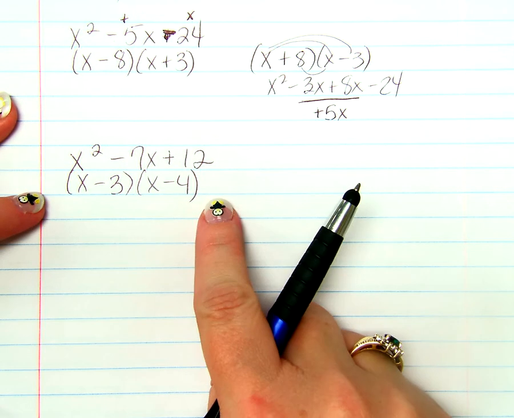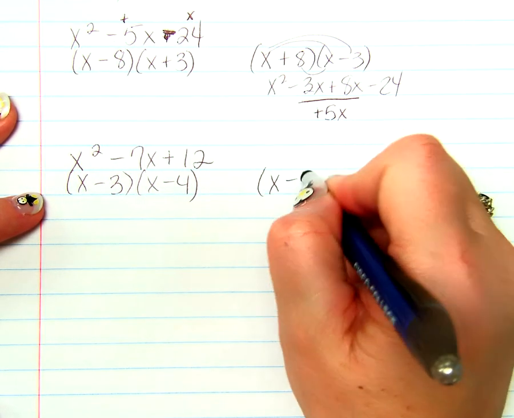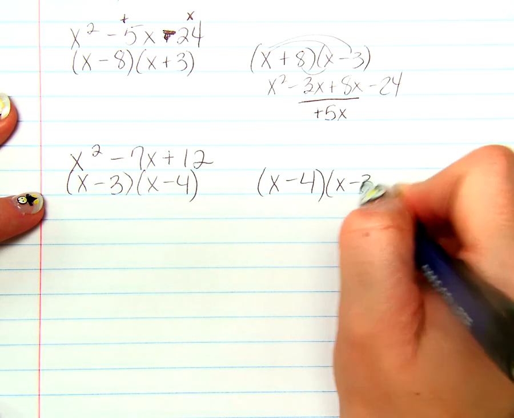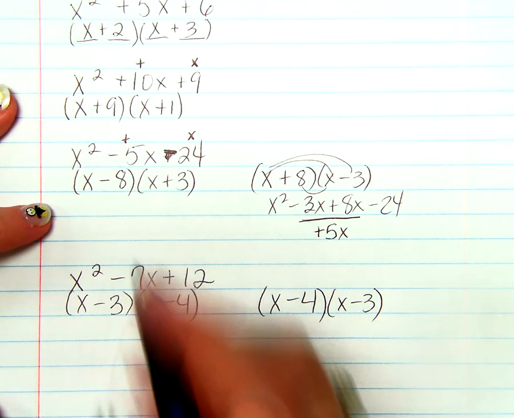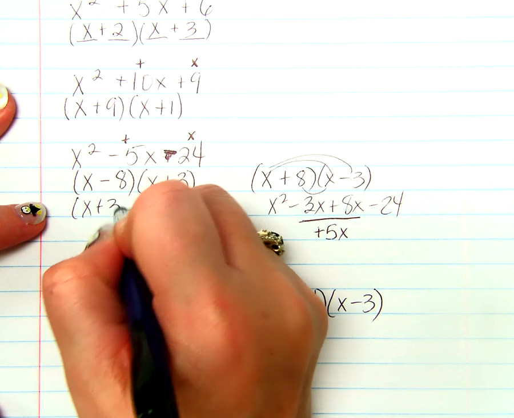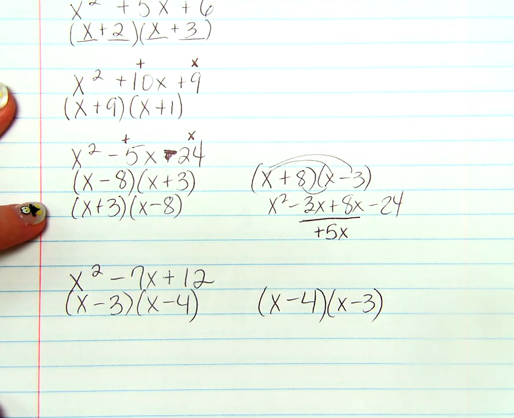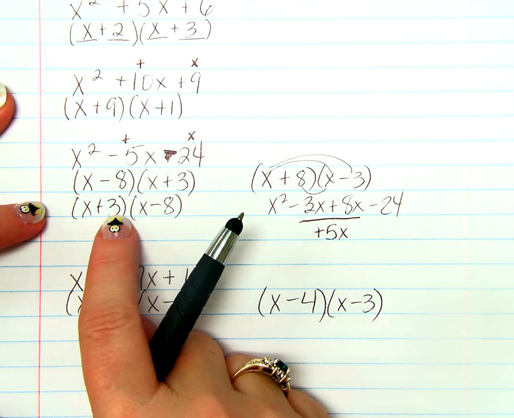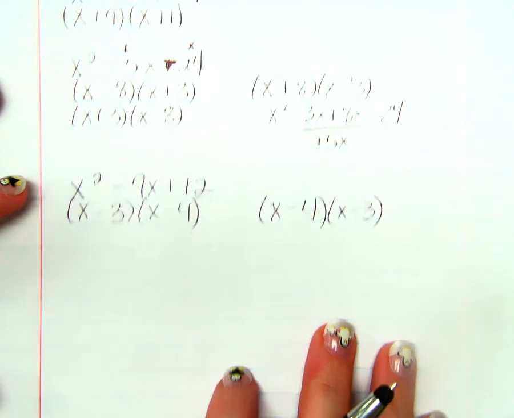Now let me ask this question to confuse you even more. What if I wrote x minus 4, x minus 3? That doesn't matter, right? On this one up here, what if I wrote x plus 3, x minus 8? That doesn't matter because the correct sign is with the correct number. That's what's important, right? All right, any questions, guys?